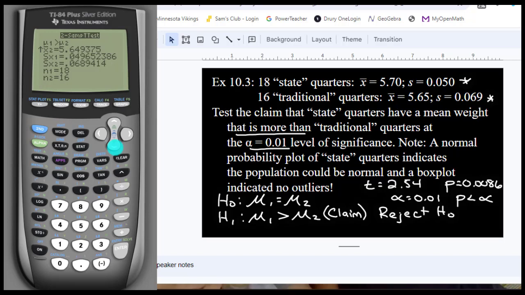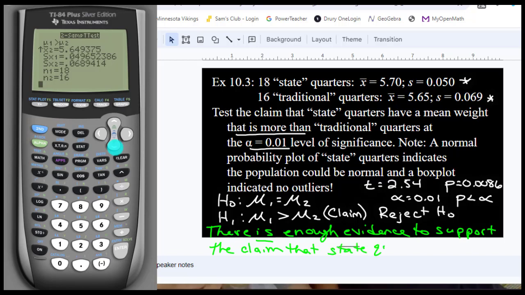So now, since we have rejected the null hypothesis, we can state there is enough evidence to support the claim that state quarters are heavier.